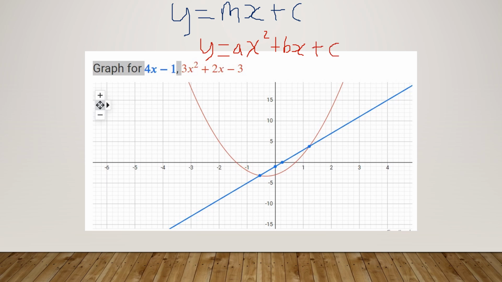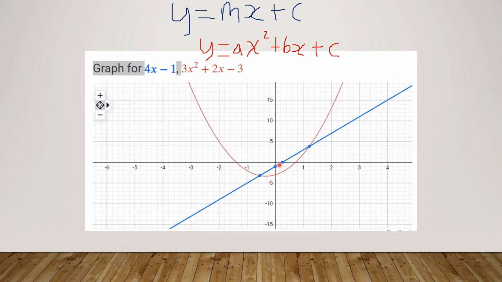And again, c is the y-intercept, or where the curve cuts the y-axis, and it cuts the y-axis at this point where the cursor is.